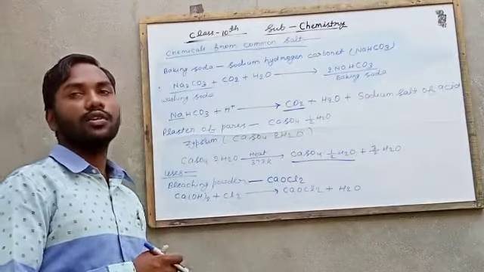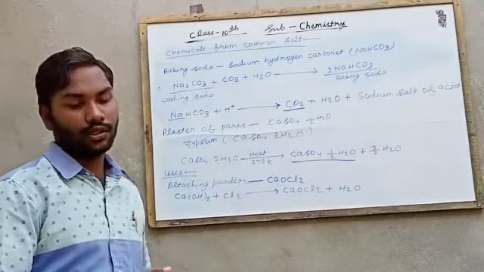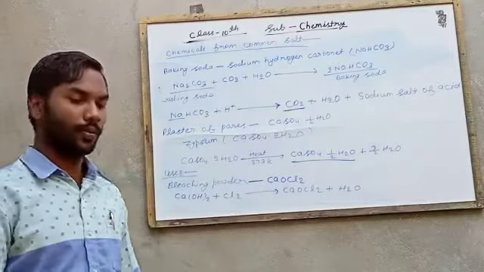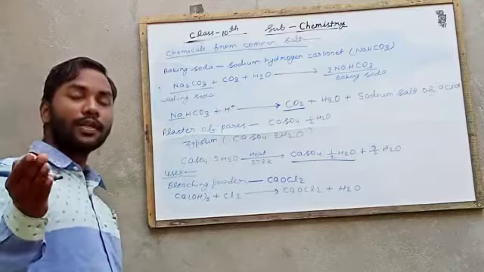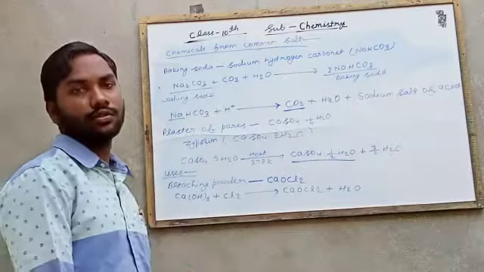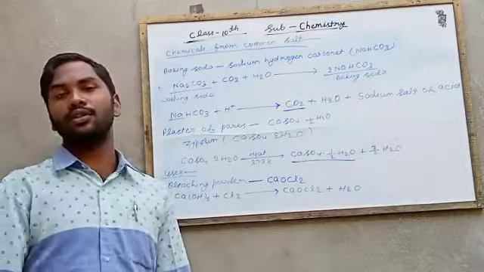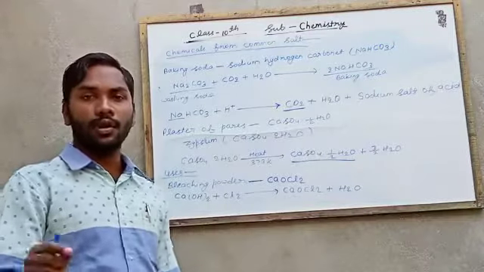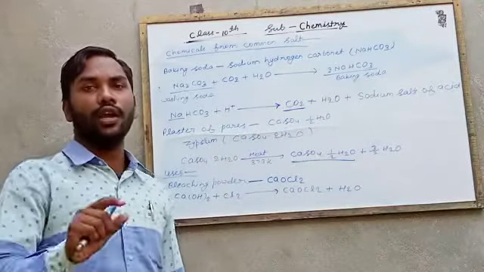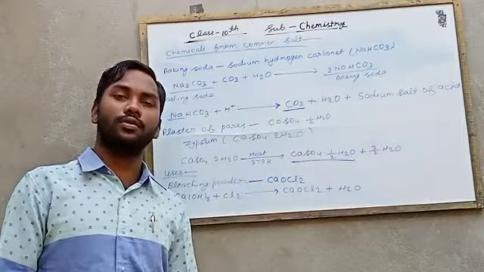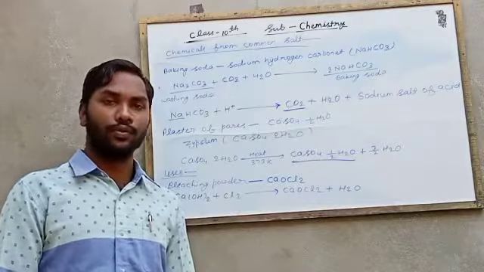It is an oxidizing agent in many chemical industries. For disinfecting drinking water, if you add bleaching powder, it kills the germs and makes it good for drinking. That's all.